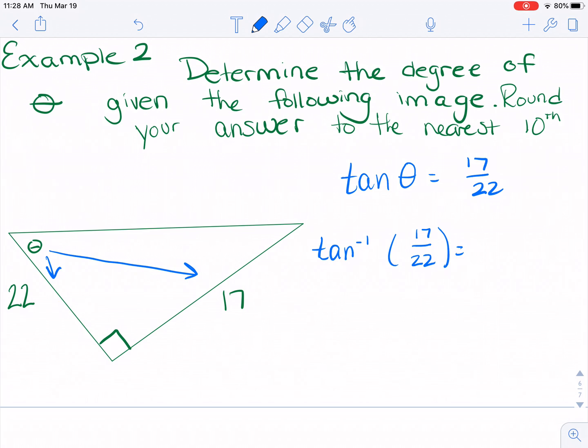So once again, I hit second tan, and I write 17 over 22, close parenthesis, and this time I got 37.694. But if I'm rounding to the nearest tenth, that would mean that theta is equal to 37.7 degrees.